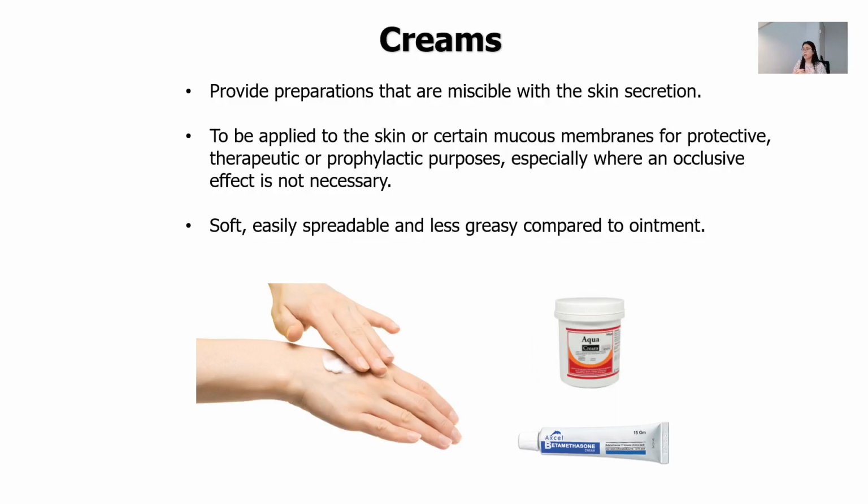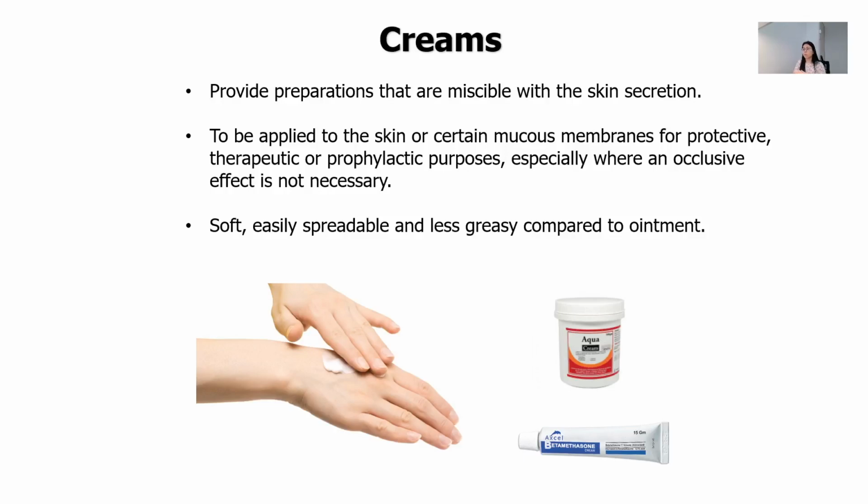Creams are used when we don't need any occlusive effect. Occlusive means there should be a very thick protective layer, like an ointment. When we apply ointments, they are much more difficult to wash off under running water as compared to creams. Creams are absorbed faster, and when we wash under the water, they are easily washed off.